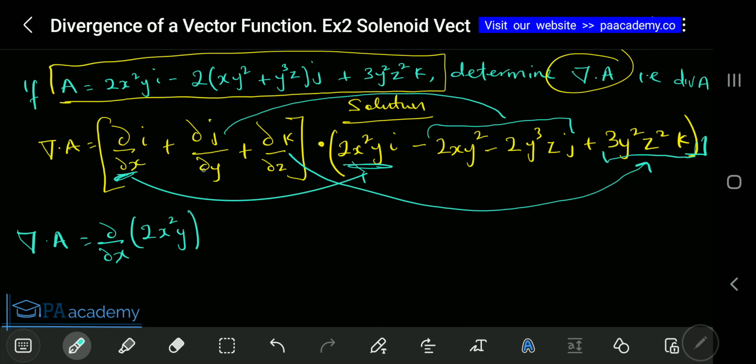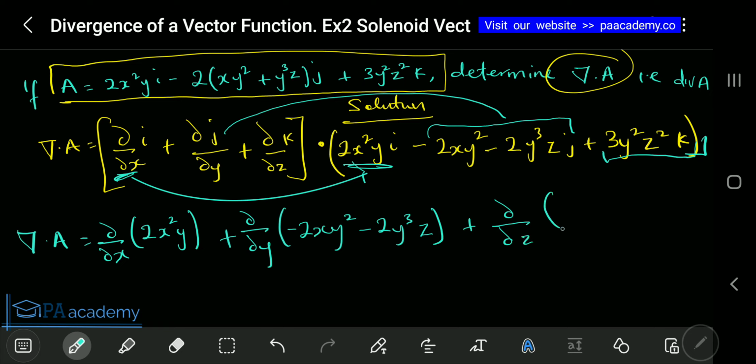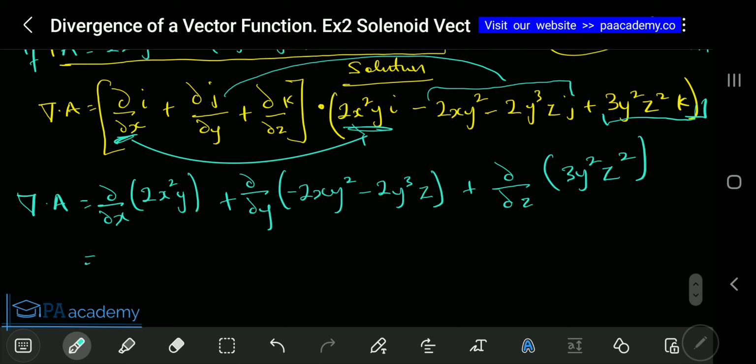Then plus partial differential over the y of minus 2xy squared minus 2y cubed z, then plus partial differential over partial differential of z, that will be 3y squared z squared. Are we good? So let's go ahead.